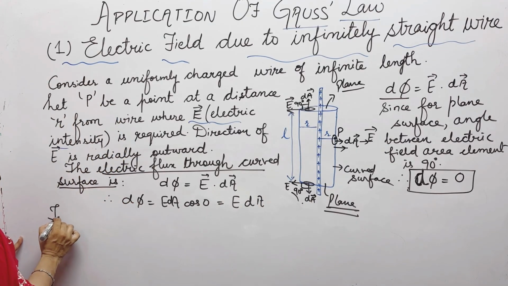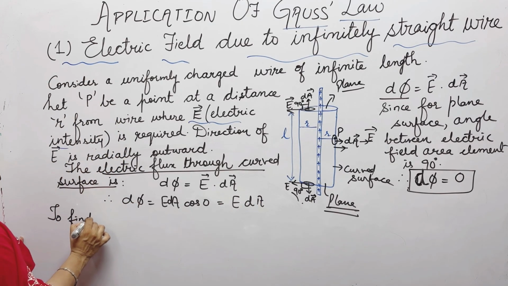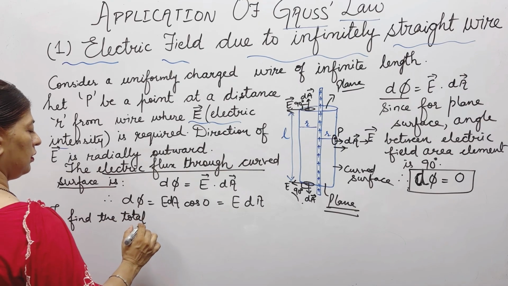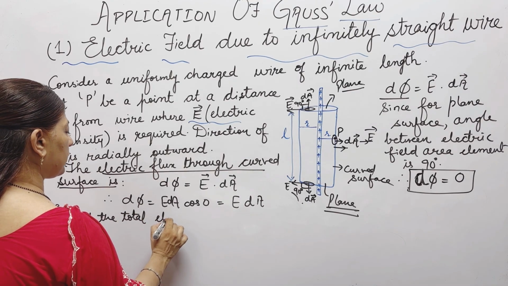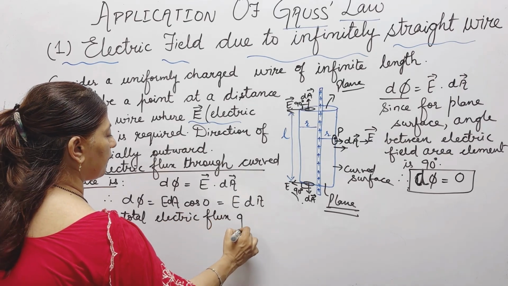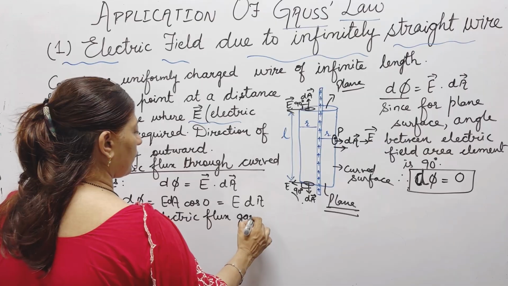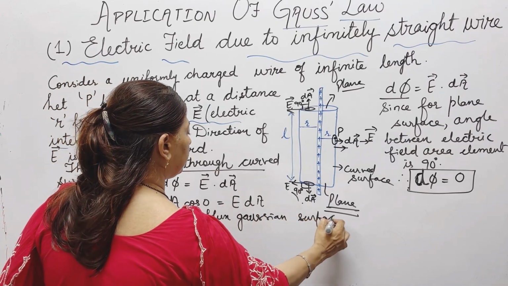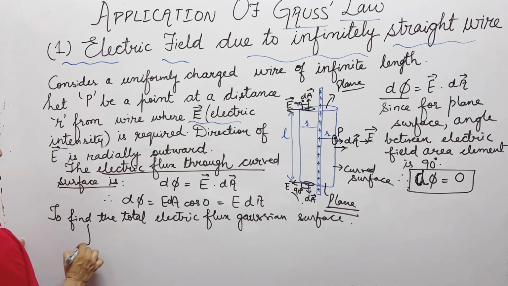To find the total electric flux of the Gaussian surface we integrate both sides.